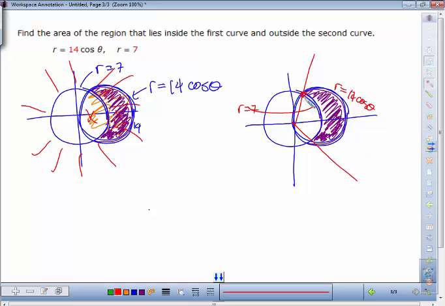So now we just have to figure out where they intersect. How do you suppose we're going to find the intersection? Set them equal. That's like the rule that we've had since algebra, right? If we want to find where two things intersect, we set them equal to each other. They look like they're both equal to r, so it makes sense to set them equal. 7 is equal to 14 cosine theta. Well, this will turn out to be nice, I think.